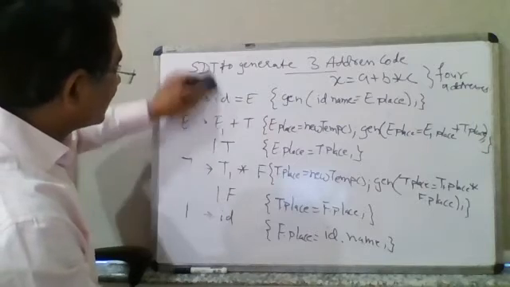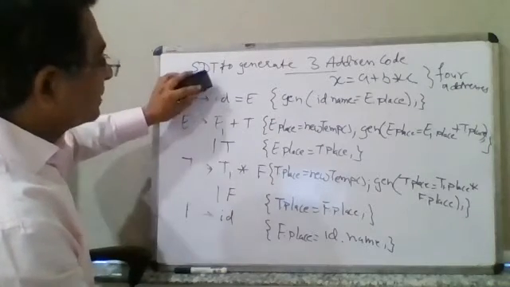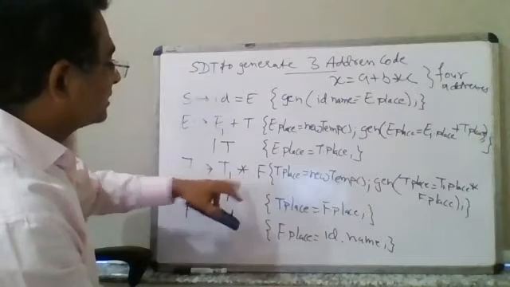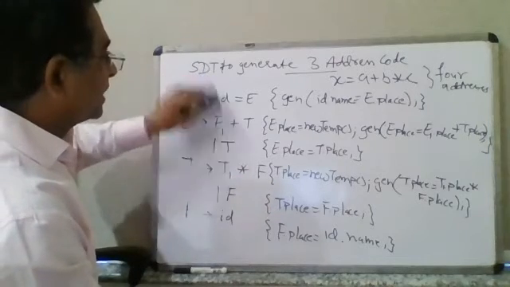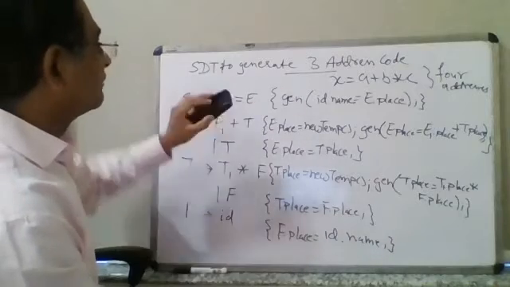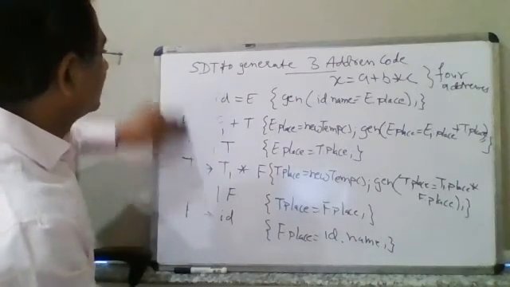So let us generate the parse tree for it. You can just remember this, where we have generated the temporary variable at plus and at star, and even at id equal to e, right? So x equal to the final value, let's say.